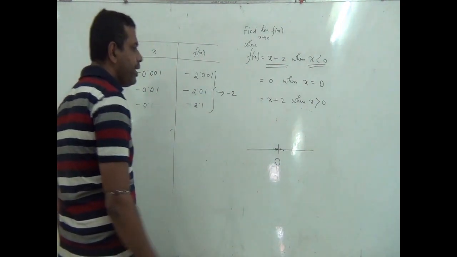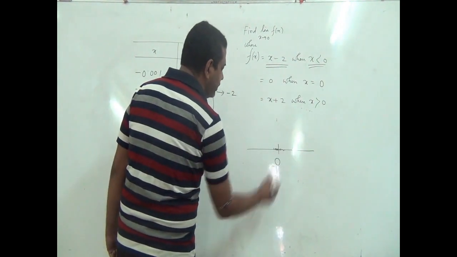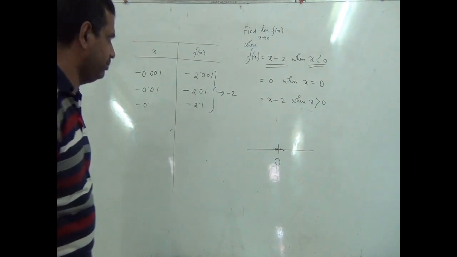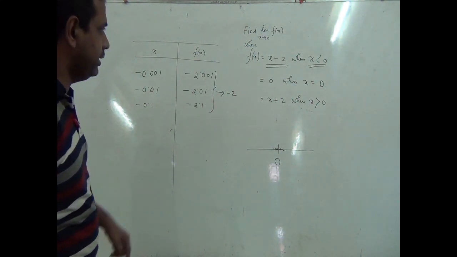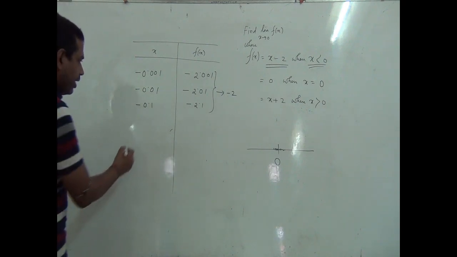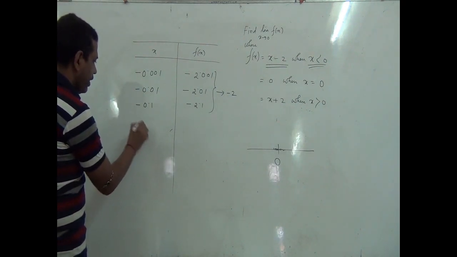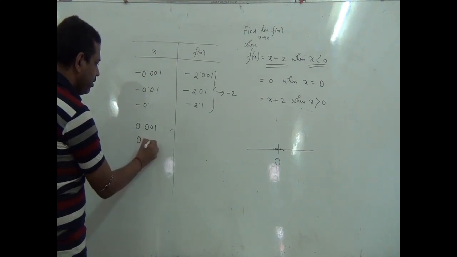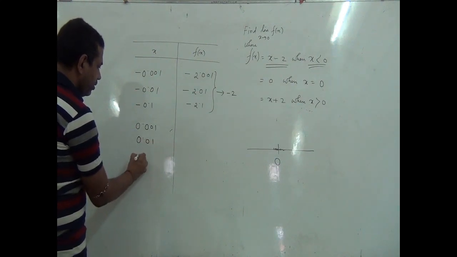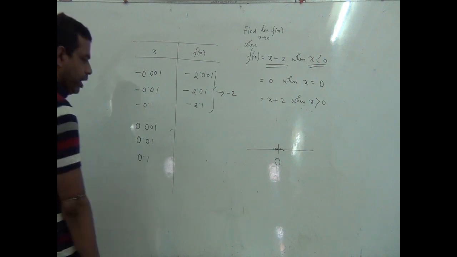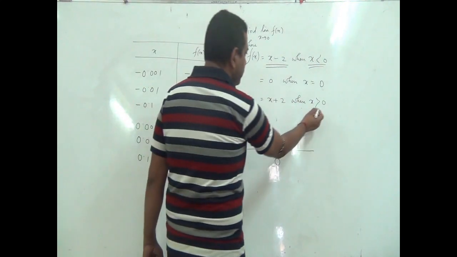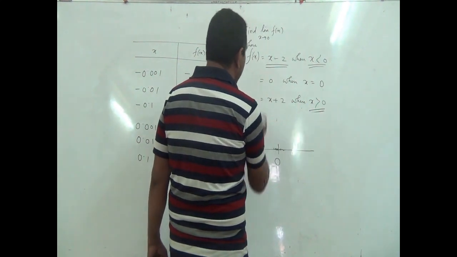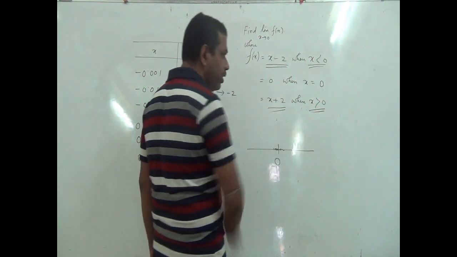Now we take the right hand side of 0, that is when x is greater than 0, near about 0 but not equal to 0. We take some points: 0.001, 0.01, 0.1. When x is greater than 0, our f of x is x plus 2.